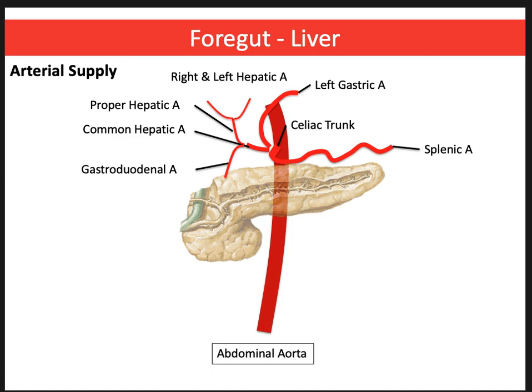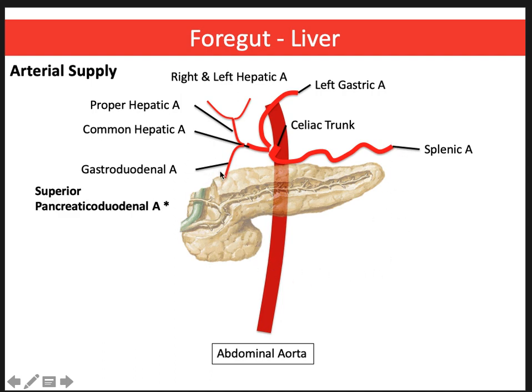And then you have the splenic artery, the squiggly one that will follow the body and the tail of the pancreas. From your common hepatic, you will also have the gastroduodenal artery that will be responsible for feeding the duodenum but also giving the right gastroomental artery that will anastomose with the left gastroomental artery to feed the greater curvature of the stomach.